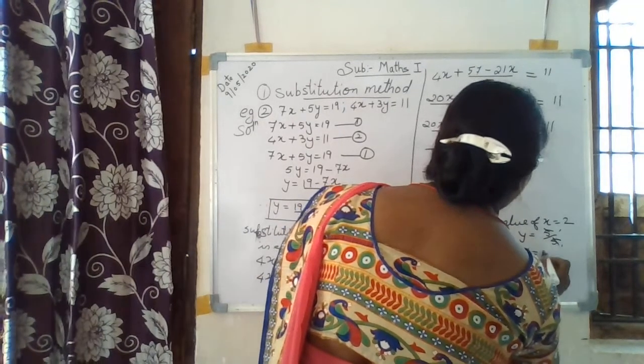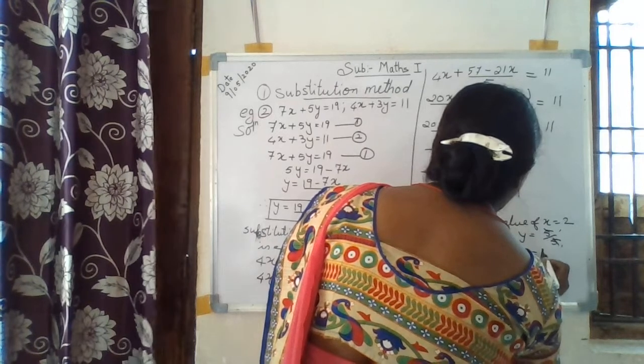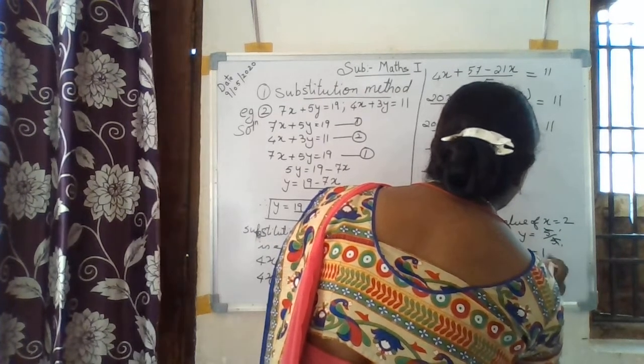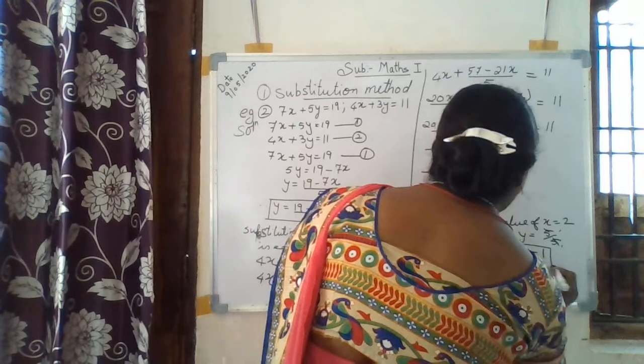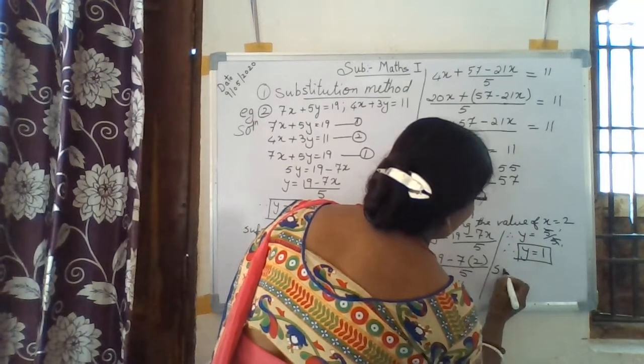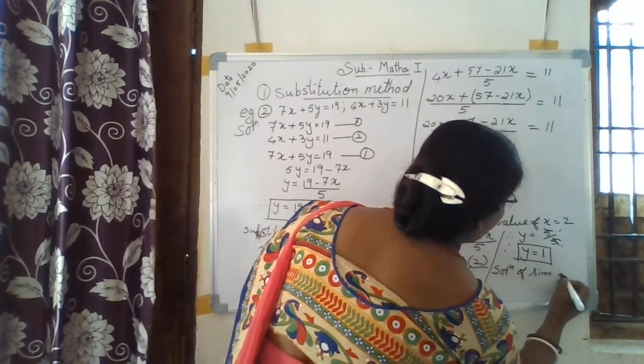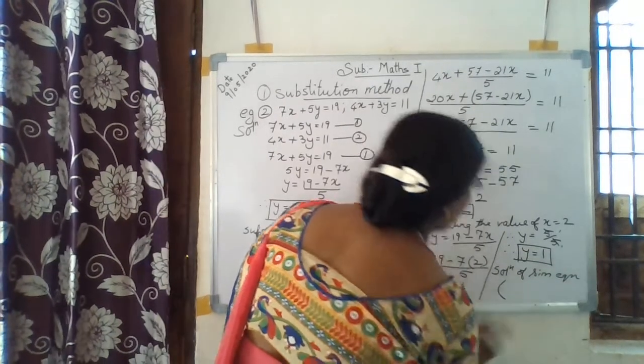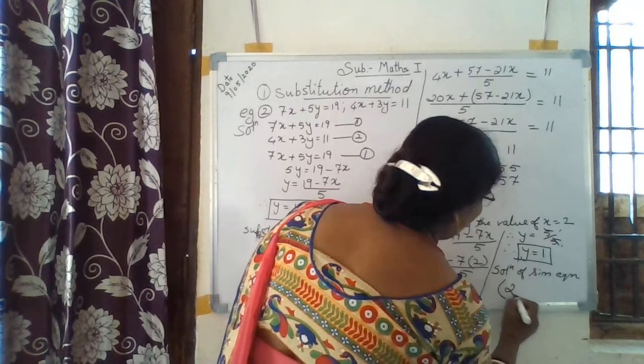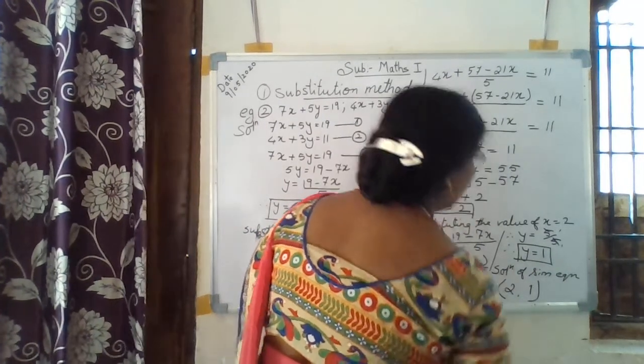Therefore y is equal to 1. Therefore the solution of the simultaneous equations is x value is 2 and y value is 1.